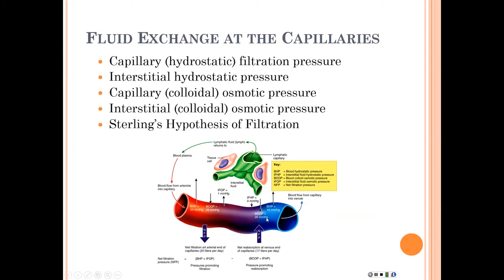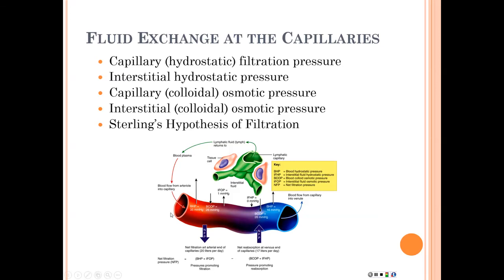Our capillary pictured here looks like a straight single vessel. I hope that you recognize that capillary beds are actually more like spider webs, networks of vessels, and it isn't necessarily a single vessel, but there are many and multiple branches that actually interact here. And so as the blood is pushing through and the branching goes on, you see the pressure start to drop. You'll notice in our picture here, the BHP is the blood or capillary hydrostatic pressure.